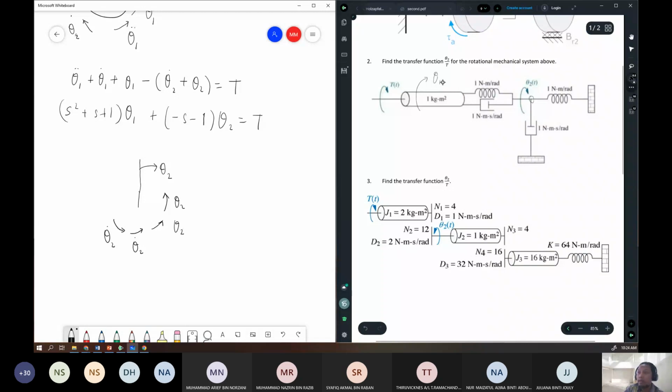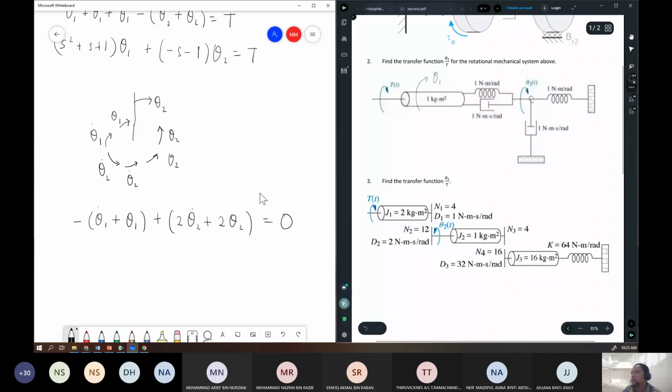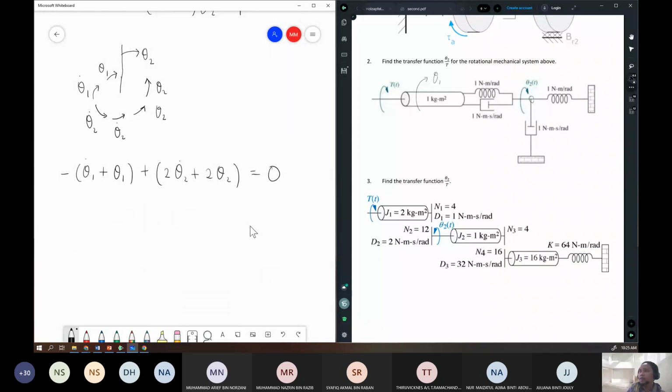So we have theta 1 from spring and theta 1 dot from the damper. Okay, theta 2 has no mass, so we don't have a double dot, okay? Then we can write the equation of motion. Then we can write in terms of frequency.